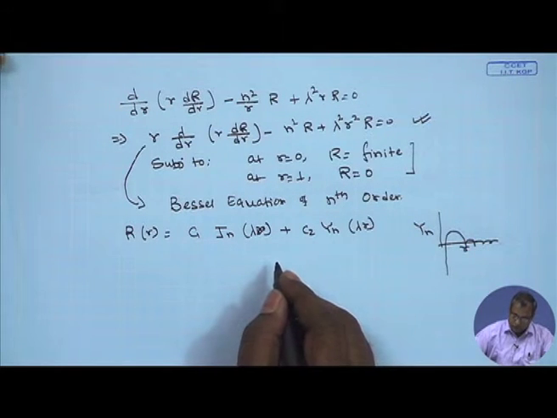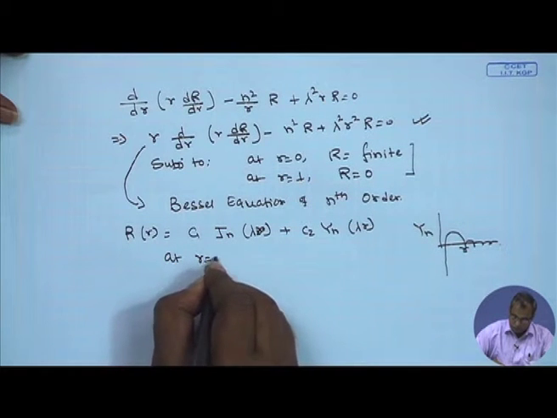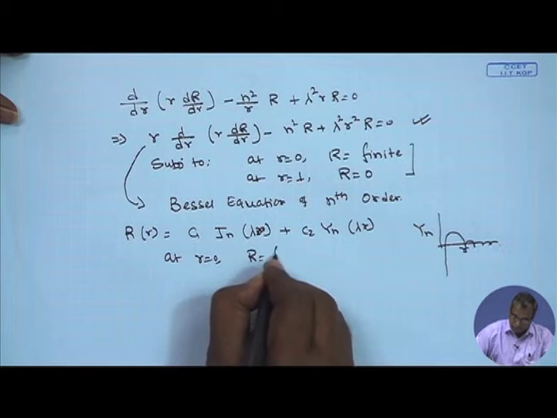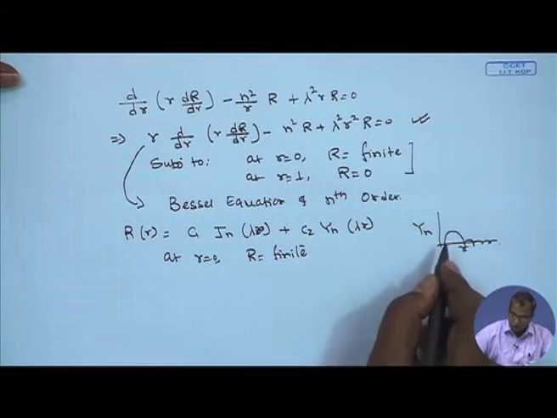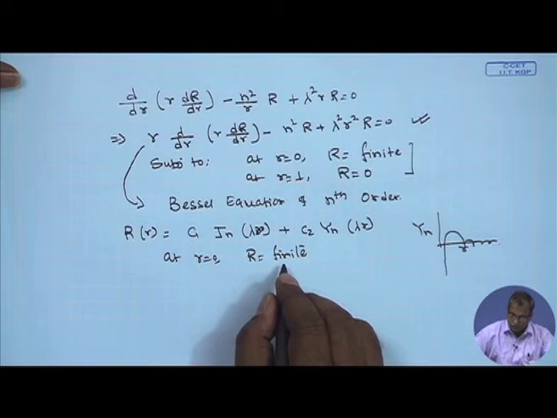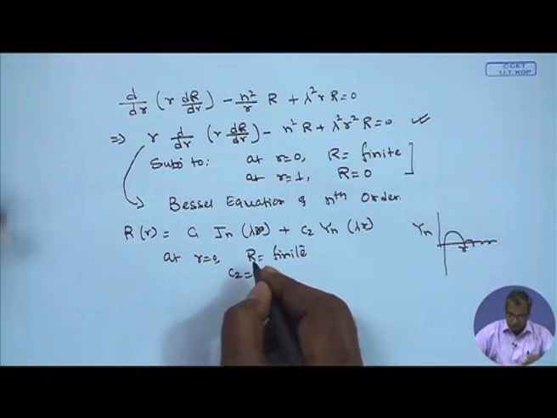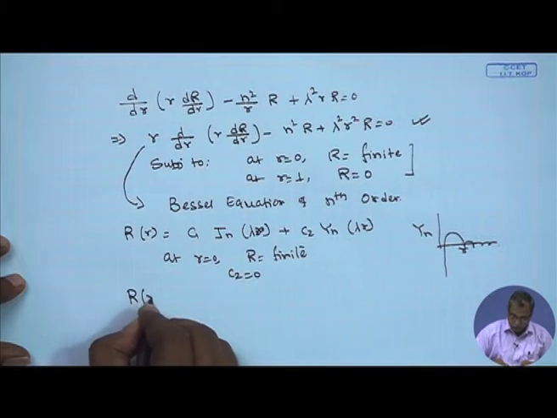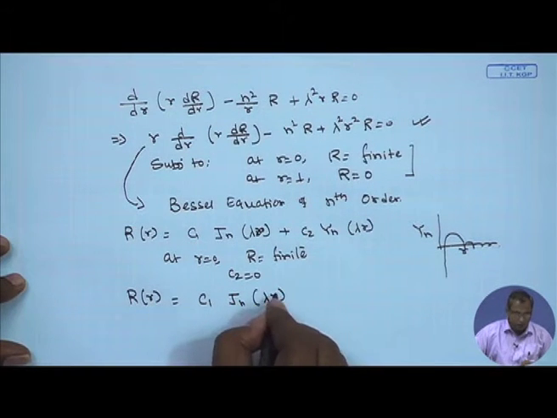Therefore, in order to have the boundary condition that at r is equal to 0, capital R is finite, this is in opposition to the definition of Yn. So, in order to comply with that, the associated constant has to be equal to 0, so that I will be getting a bounded solution of R. So, capital R is nothing but C1 Jn lambda r.